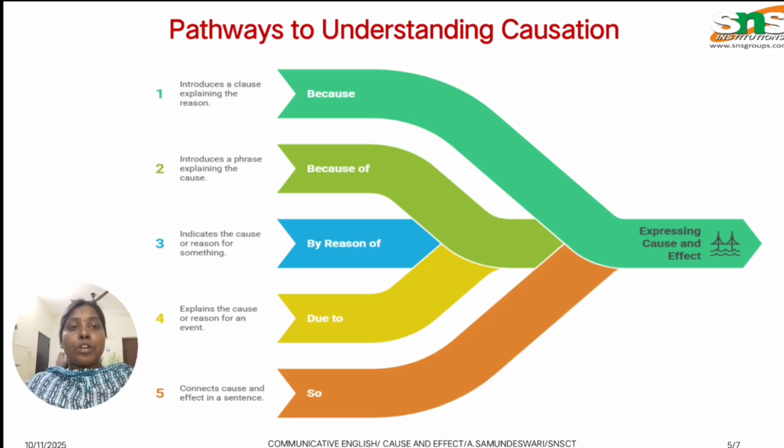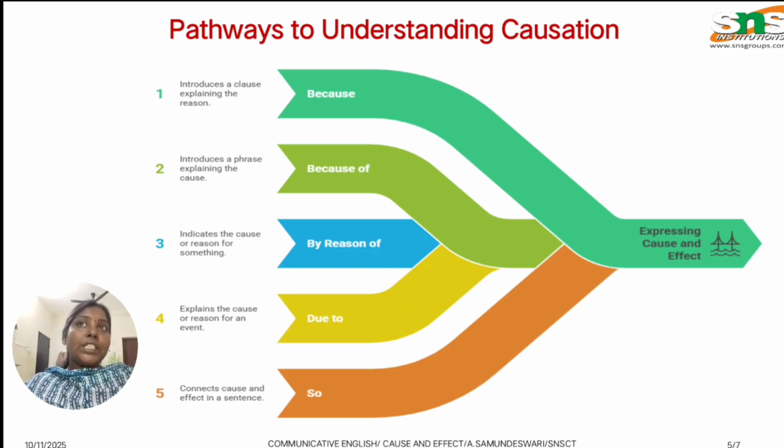Similarly, because of introduces a phrase explaining the cause, by reason of indicates the cause or reason for something, and due to can be used to explain the cause or reason for an event. So connects cause and effect in a sentence.